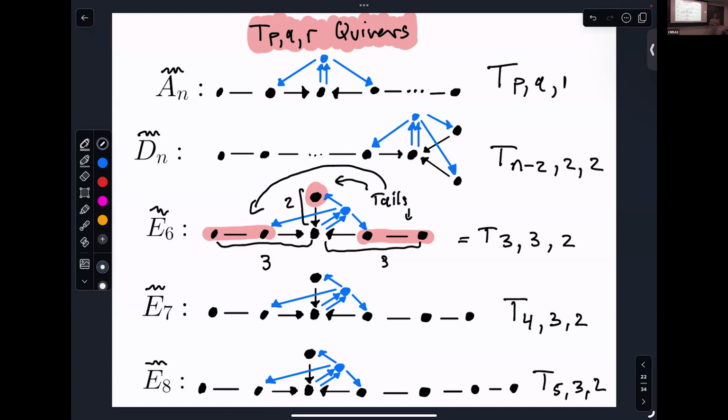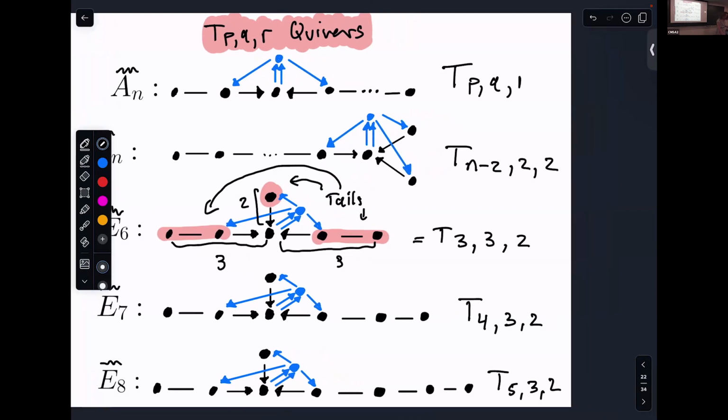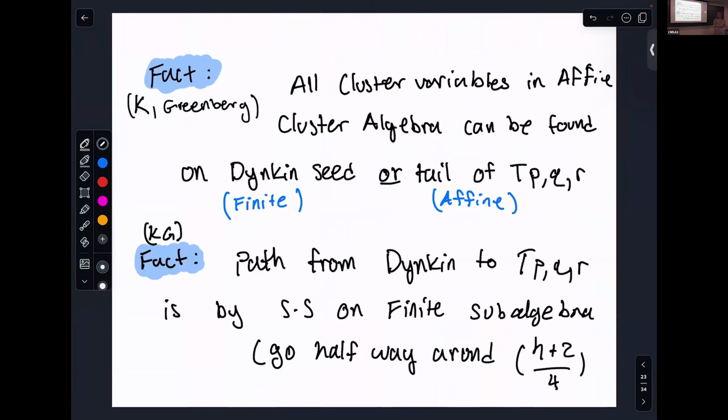Everything that doesn't touch the double arrow, those are the tails, and those contain these affine cluster variables. Does that mean you can reach all cluster variables by starting from two different seeds? One is the Dynkin, one is the TPQR. Yes, sort of, not quite. You have to do a little bit of a special mutation sequence to find all of the affine cluster variables.